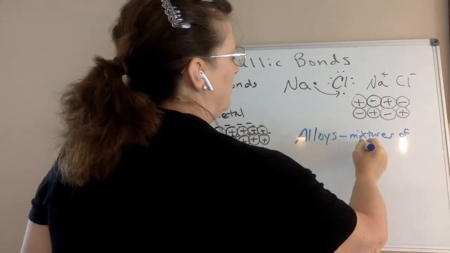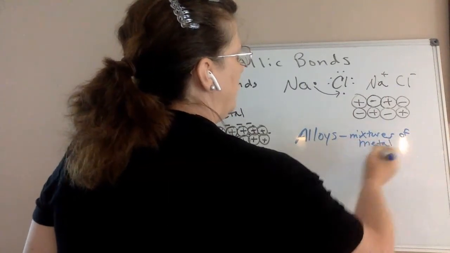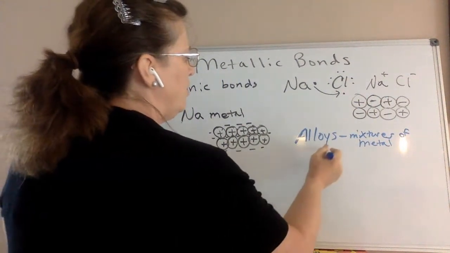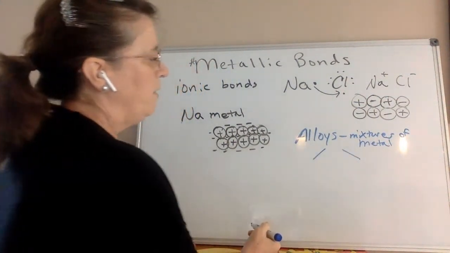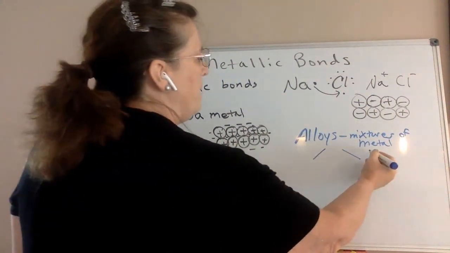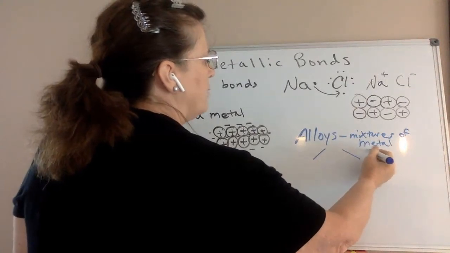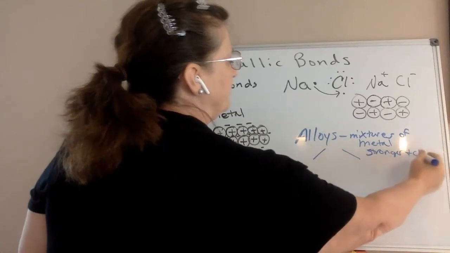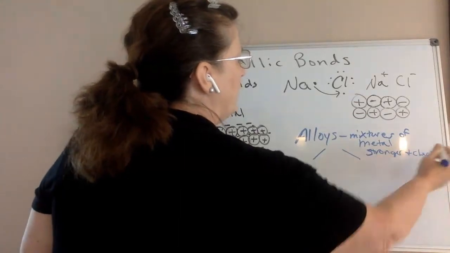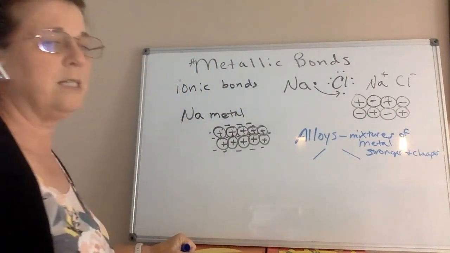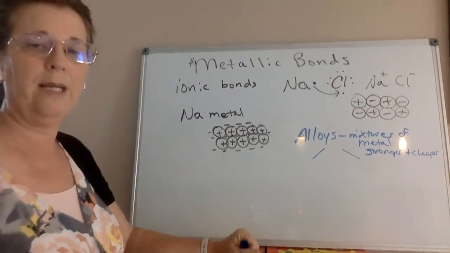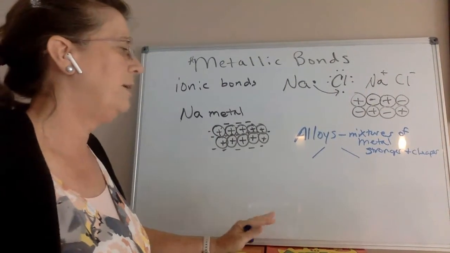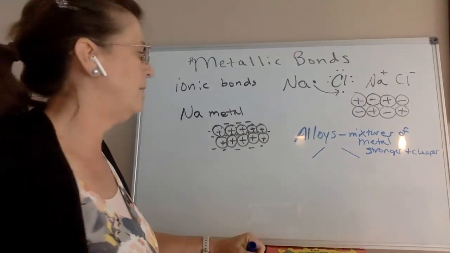It's a physical combination of these because it's not really a chemical bond holding them together. So there's two types of alloys. And the goal of having an alloy is to make the metal stronger and cheaper. One or the other or both. Okay, so that's the reason that you would want an alloy, because you get the best properties from both, and together they actually are stronger.